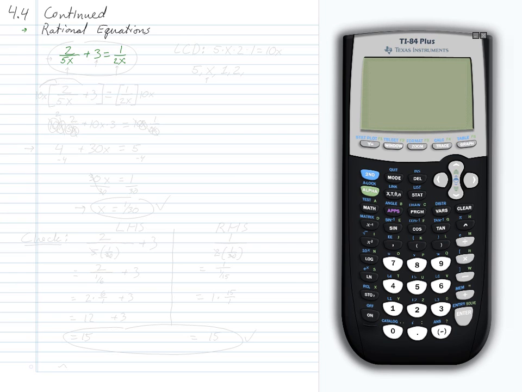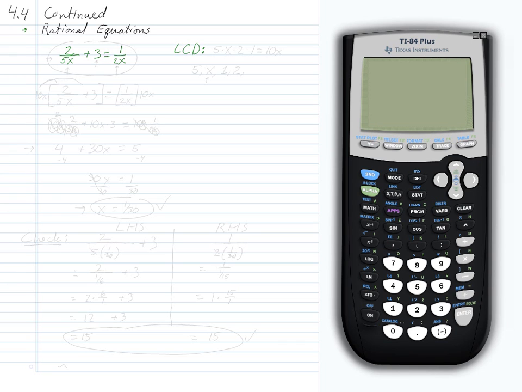So in my experience, the trickiest part once we complicate these equations by allowing for the variable to be in the denominator is determining what the LCD actually is. So I like to look at every term and look at all of the factors of every denominator.